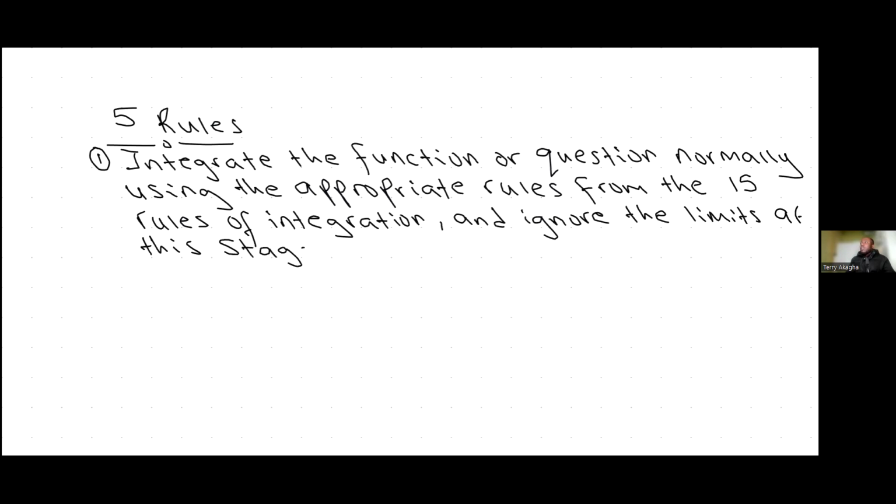Then number two, you substitute the upper limit into step one.